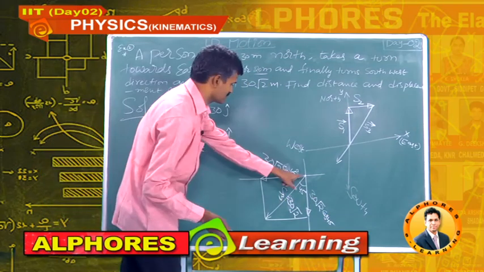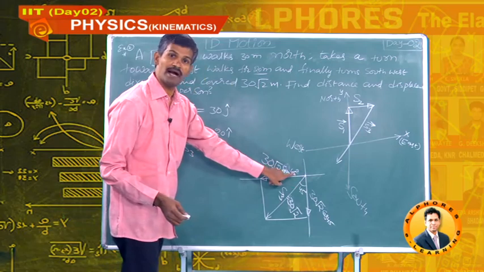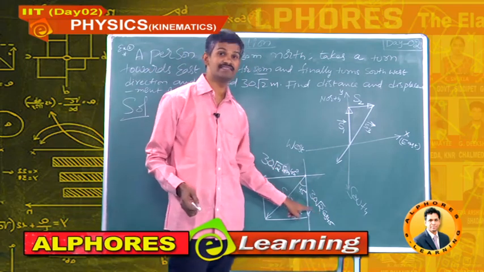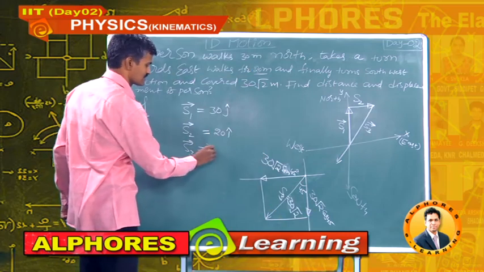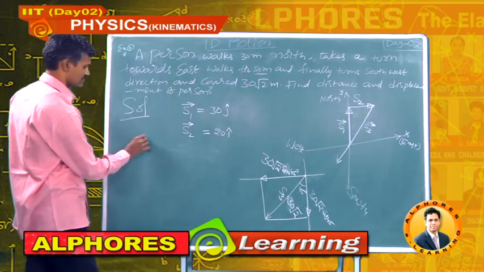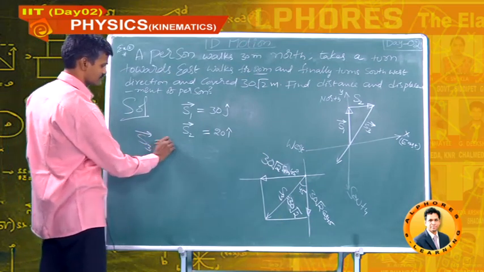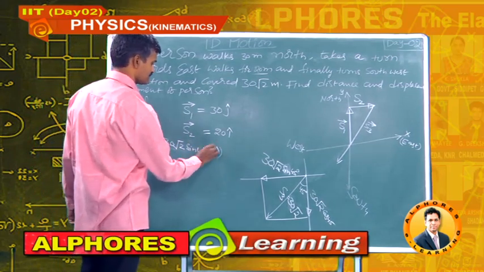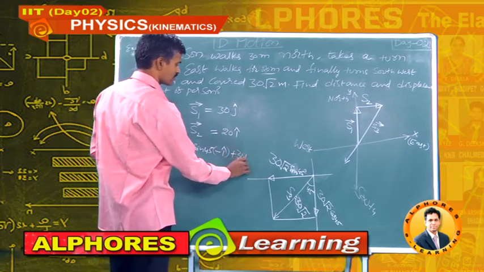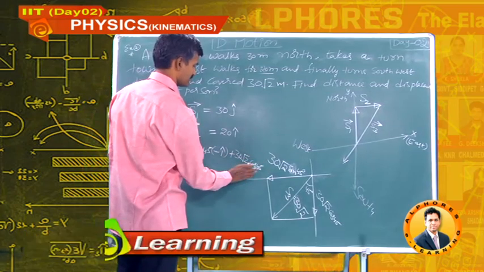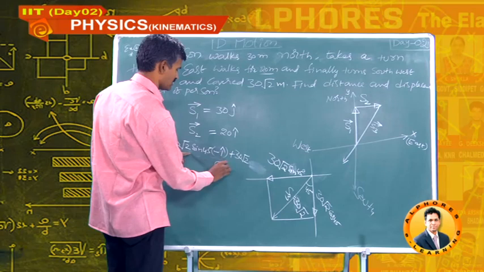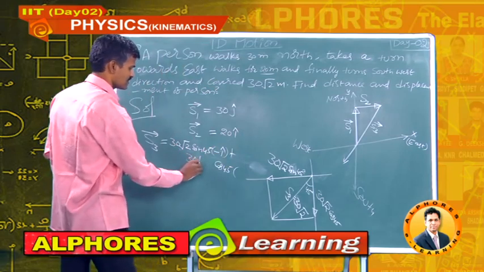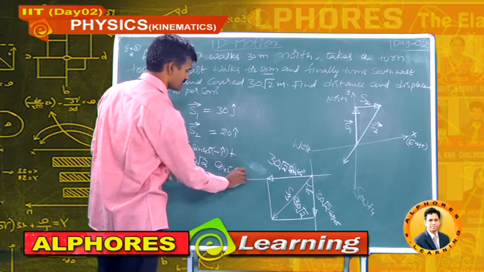This S3 is 30 root 2 sin 45 into minus i cap plus 30 root 2 cos 45 into minus j cap.